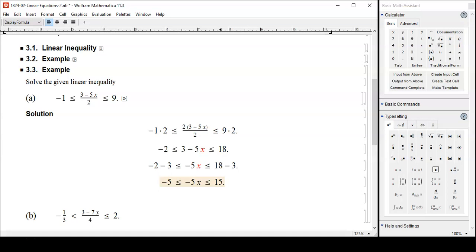All right, now let's divide by negative 5. So negative 5 divided by negative 5, negative 5 divided by negative 5, so x. And 15 divided by negative 5.